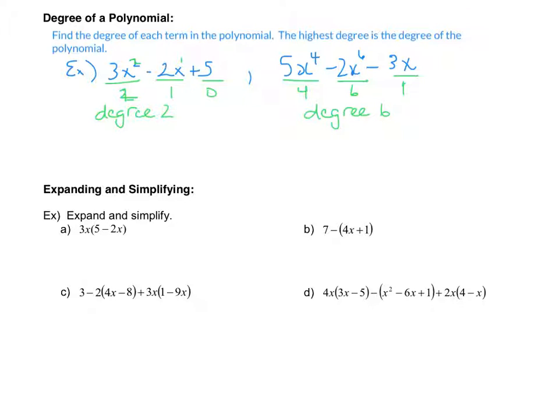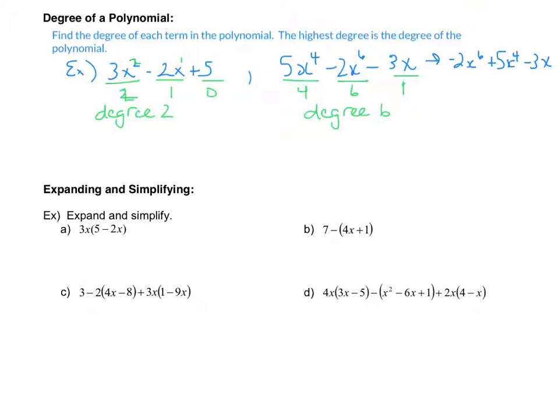The second one, I did not write in descending powers of x. We normally would see that as negative 2x to the 6, and then we would have the plus 5x to the 4, so we're putting the highest degree first, and then the next highest degree term second, and so on until we get down to the lowest degree term. So we usually write our polynomials in descending powers of x.